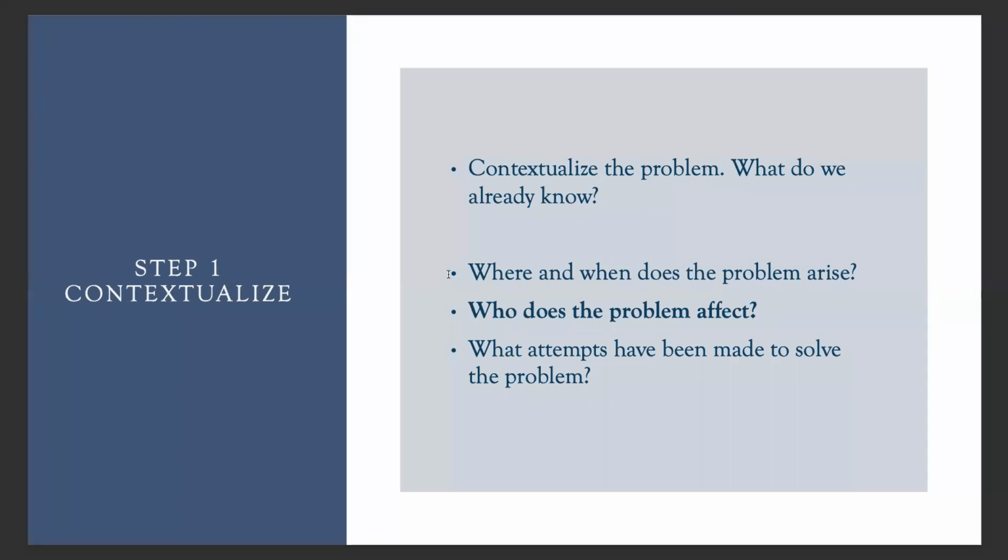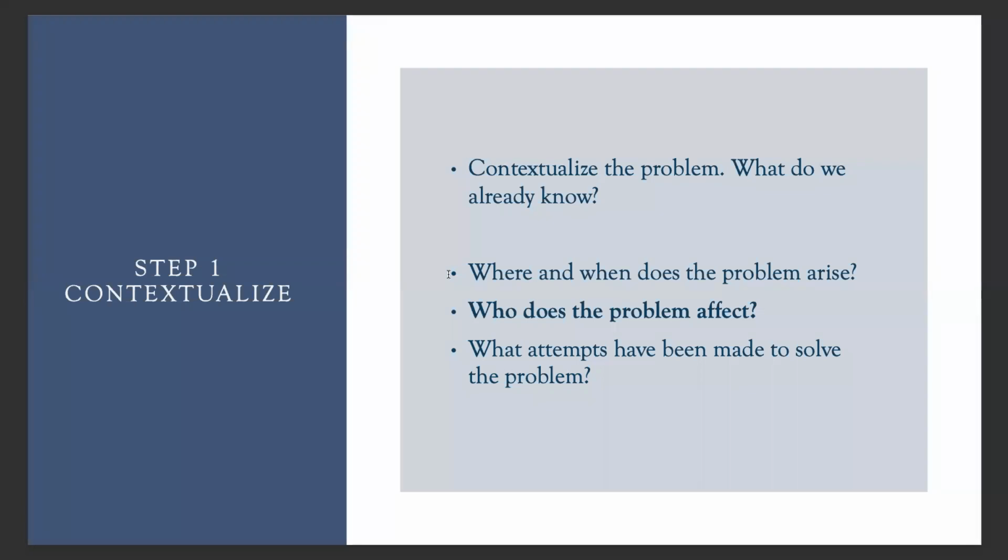So it's very important to know when the problem arose, how it arose, who is affected by it, and how we can solve it. But in order to ask a really good question, you need to know what has already been done to solve the problem, because you are not trying to reinvent the wheel by solving a problem which has already been solved.